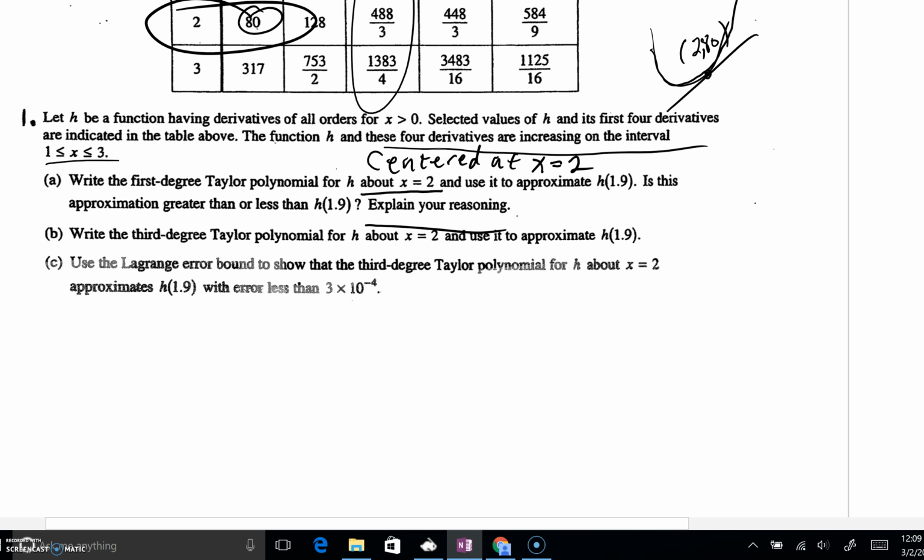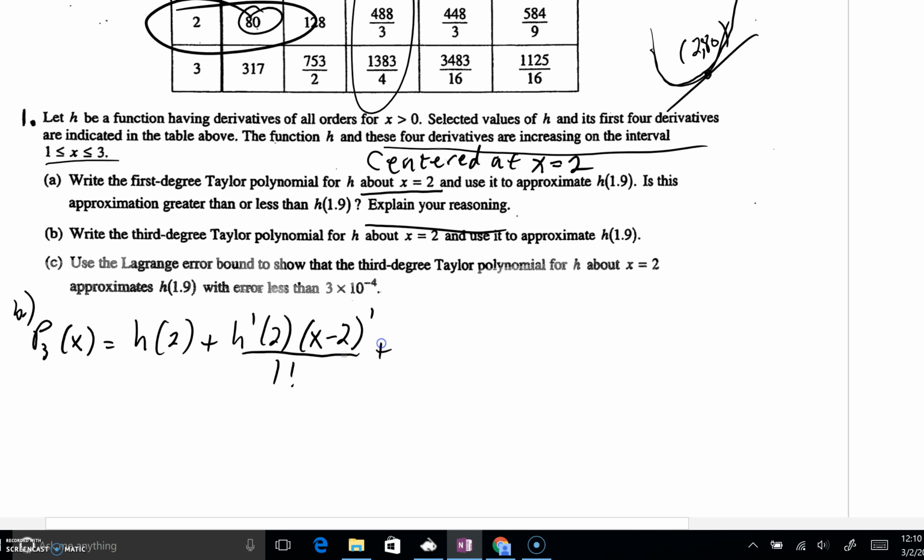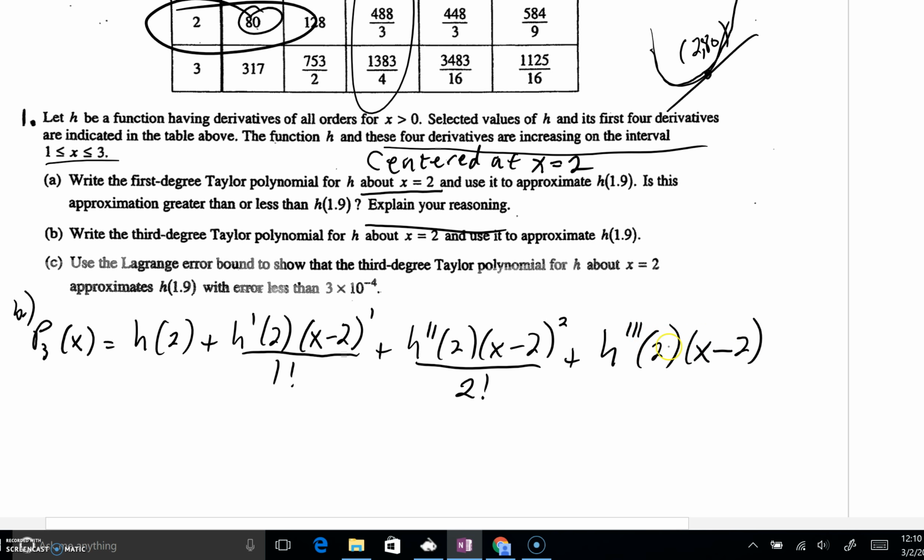Well, for part B, your third degree Taylor polynomial, we're centered at 2, so we'll have h of 2 plus h prime of 2 times x minus 2 to the first all over 1 factorial plus h double prime of 2 times x minus 2 to the second all over 2 factorial plus, well, now we can stop. Here's your third degree term: the third derivative, x minus 2 to the third all over 3 factorial.